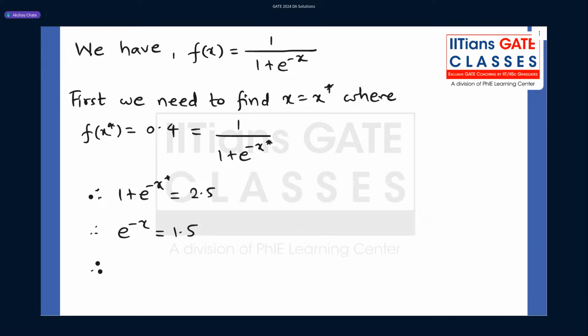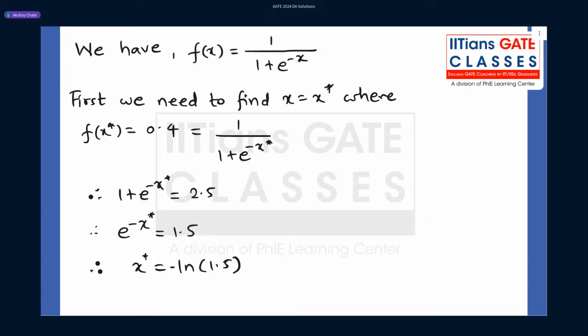Therefore, ln of e to the power minus x star will become minus x, and this will become natural log of 1.5. You can put the minus sign over to the other side and there you will get x. So at this x star, your f of x gives you the value of 0.4, correct? So now half of the part is done.